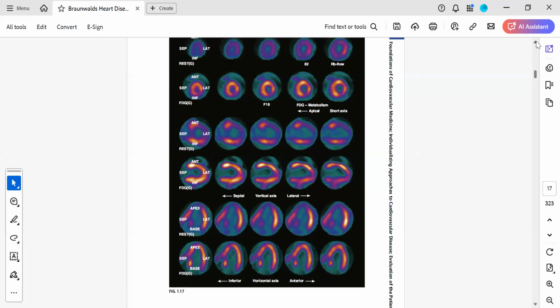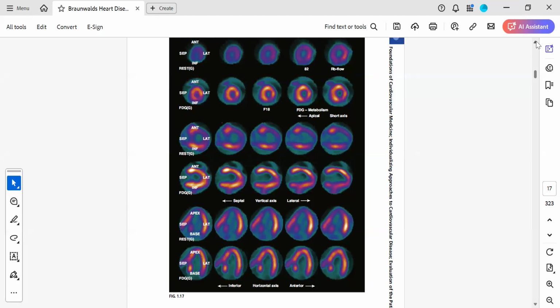Yes, sir. Good. It is the same way you take images when you are doing stress echo. The patient will first lie down. Before the stress, you take all your images, apical to short axis. You take all your images, right? Yes, sir. The next thing you do after you've taken all those images is to determine if you want to assess metabolic activity of the tissue.